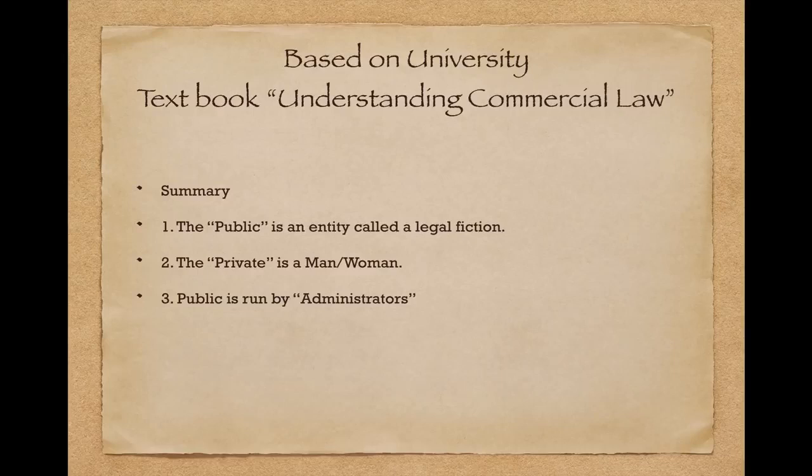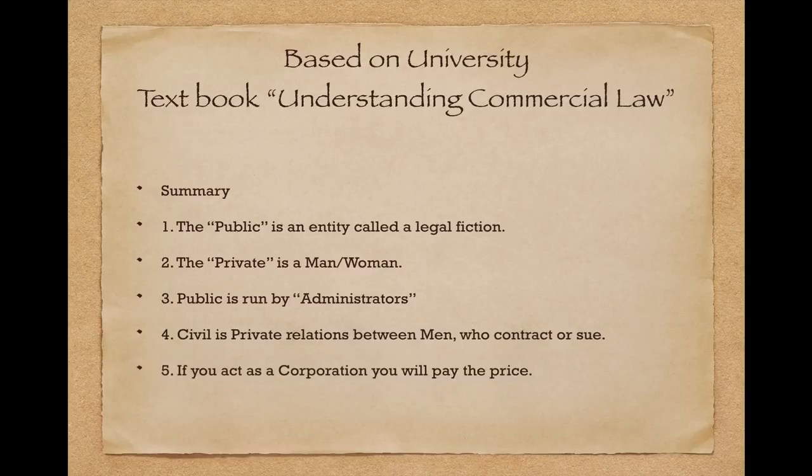Because the public is only in a state, administrators must run our state on our behalf. And we keep falling for it, thinking that that is us when it is not. Civil is private relations between men who contract or sue. Get that very, very clear. And if you act as a corporation, you will be treated as a corporation, so you will pay the price.